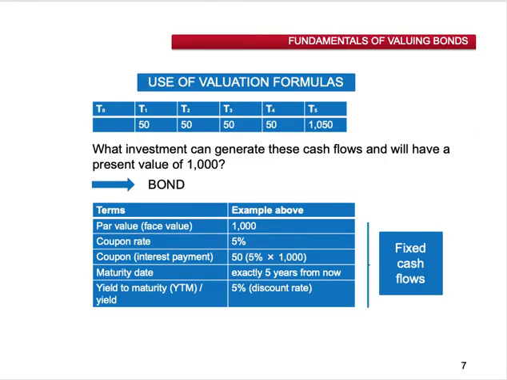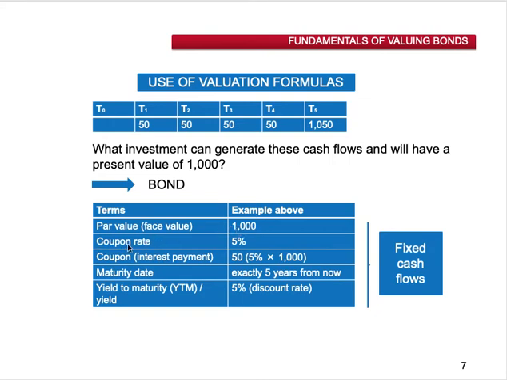Let's have a look at the coupon paying bond and the use of the present value equation using multiple cash flows. Now, a coupon paying bond has a specific set of terms. The term is that the owner of the bond is receiving the face value back at the end of the lifetime, which in this case is 1,000 euro.